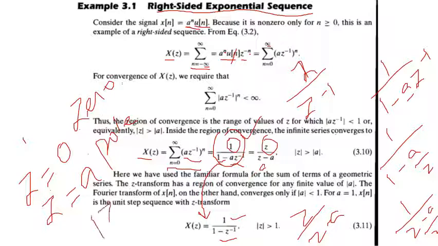So as per our condition, z mod should be greater than a mod. So z mod should be greater than 1. So this is the region of convergence. So I can take all the values of z that are greater than 1 and the sequence will converge. Let's move on to next slide and see the region of convergence.